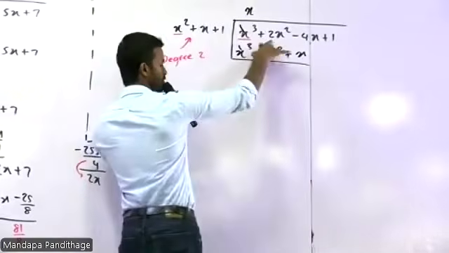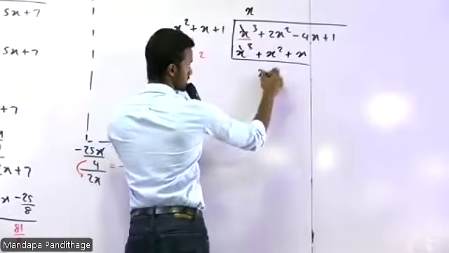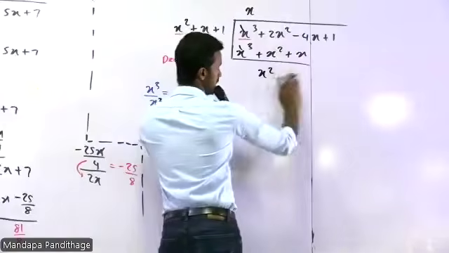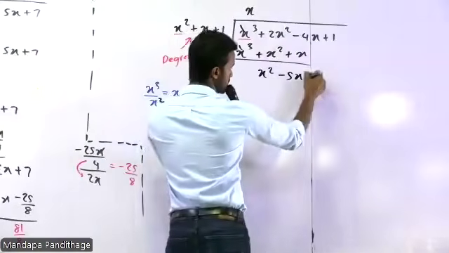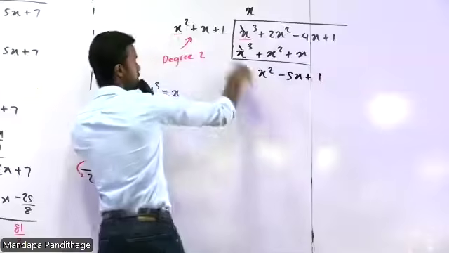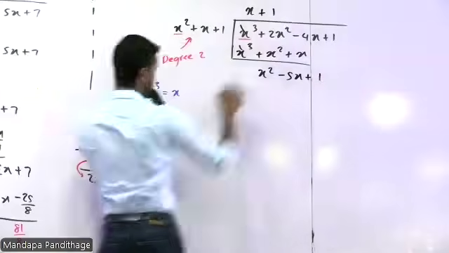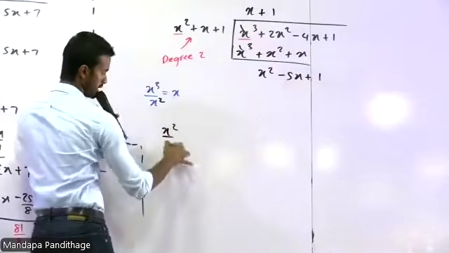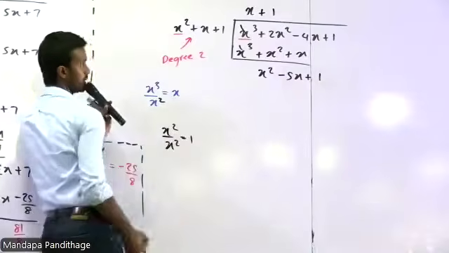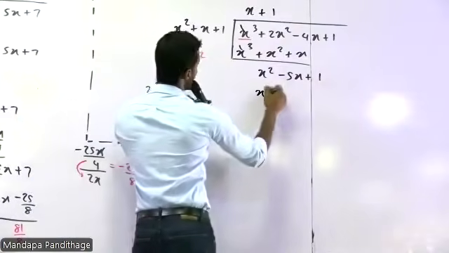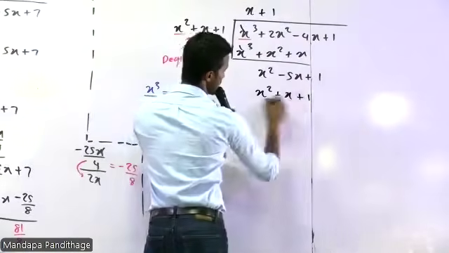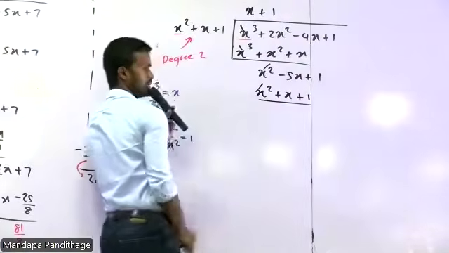These two cancel off. 2x squared minus x squared is x squared. Minus 4 minus x is minus 5x plus 1. X squared divided by x squared is 1. And now multiply. It's x squared plus x plus 1. These cancel off.